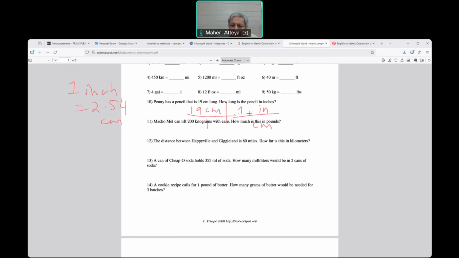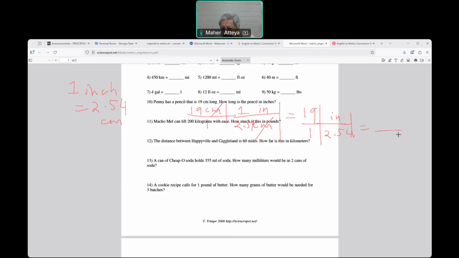So 1 inch is 2.54 centimeters. Centimeters cancel out, and the answer is 19 over 1 times inch over 2.54.